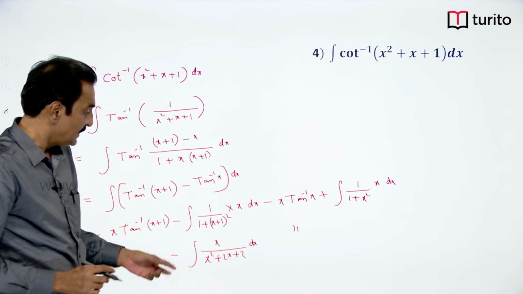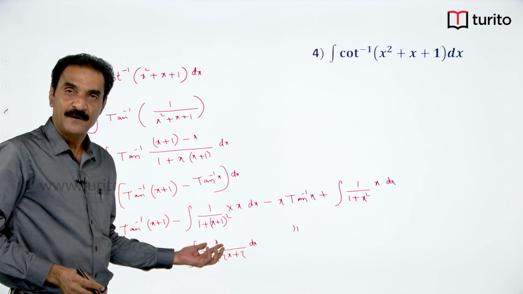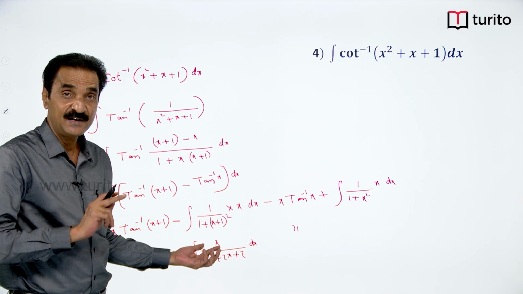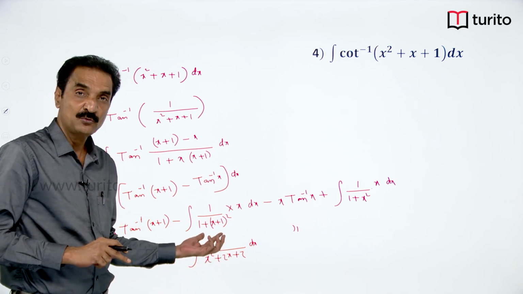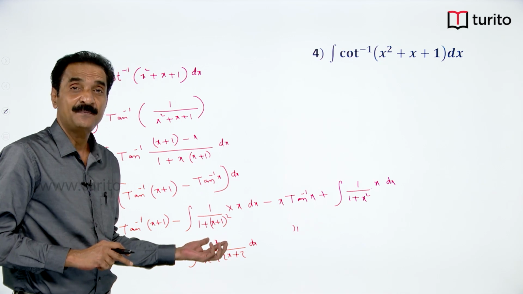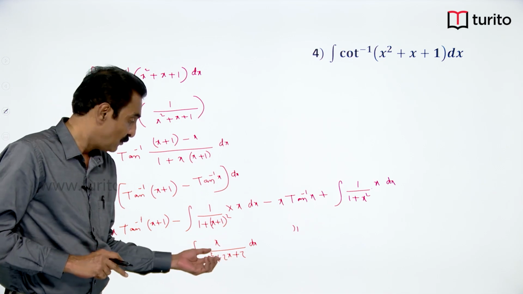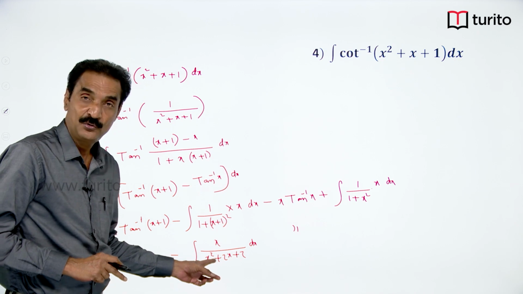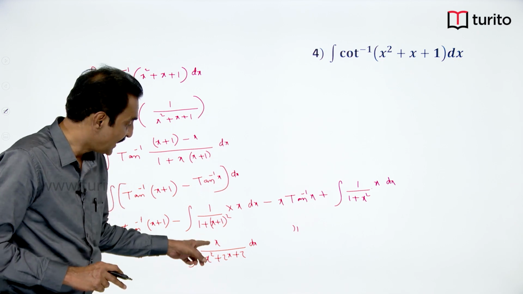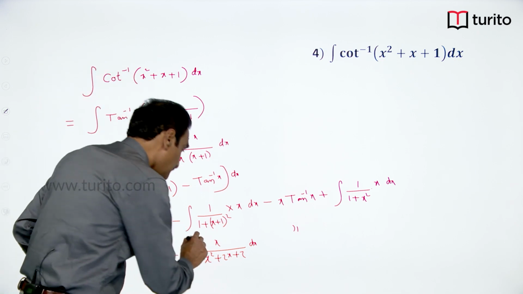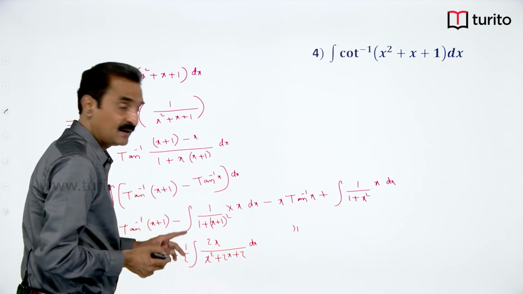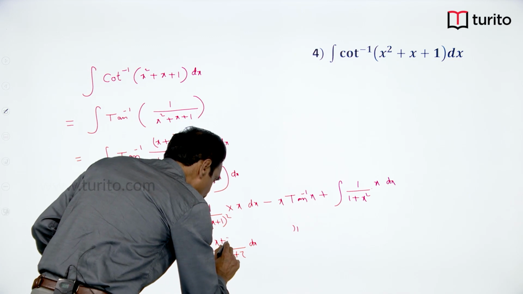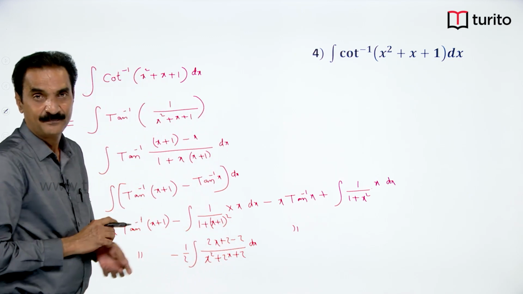Okay. How to integrate this? We have discussed the method for integrating px plus q by ax square plus bx plus c. We have to write numerator in terms of the derivative of denominator. What is the derivative of denominator? 2x plus 2. So, how to write numerator as 2x plus 2? First multiply by 2 and divide by 2, then add 2 and subtract 2, it is over.